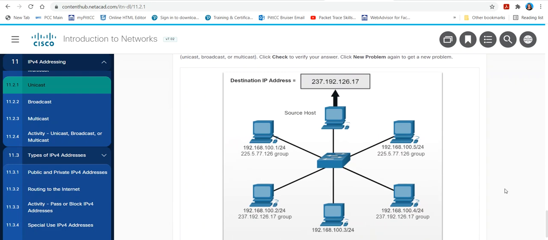So looking at the number in the first range here, this would be a multicast address because it's in the 224 to 239 range.